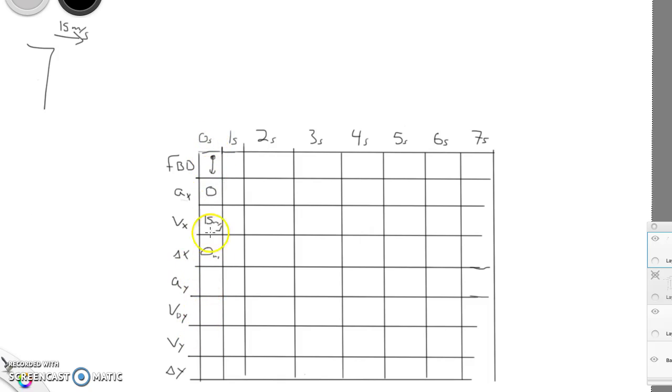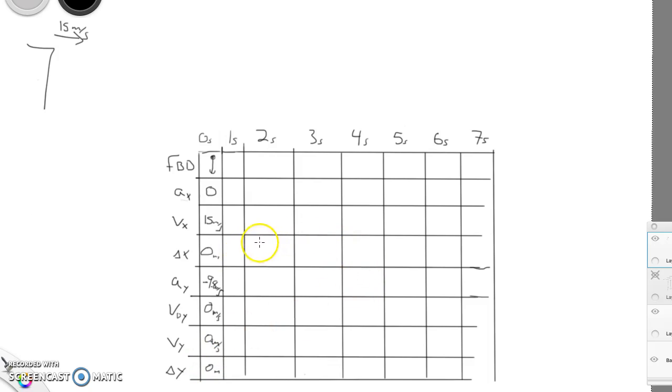Because we have a downward force, we have a downward acceleration of negative 9.8 meters per second squared. Since when we threw it, it's only going horizontally, we have an initial downward velocity of 0 meters per second. Since no time has passed, our final velocity is 0, and our displacement is 0.